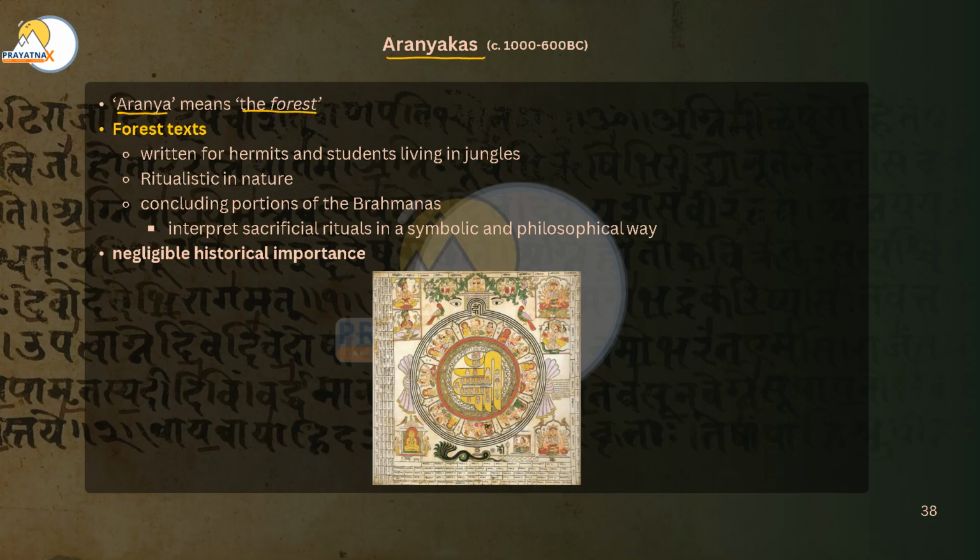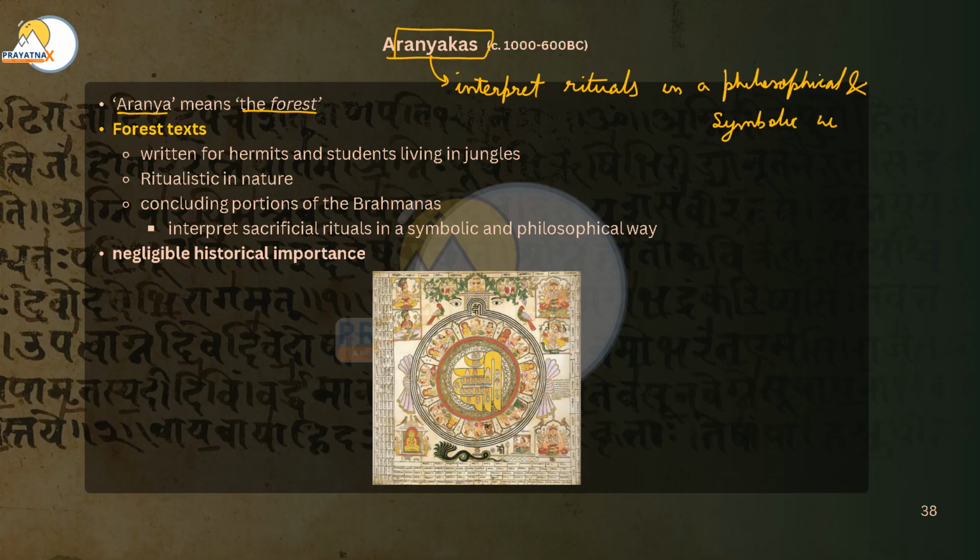So, Aranyakas are basically the books which interpret the sacrificial rituals in a very symbolic and philosophical way. Now, in a sense, it can also be termed as forest text.